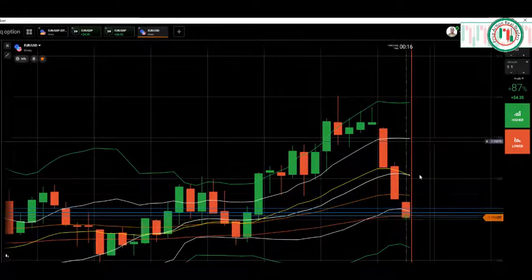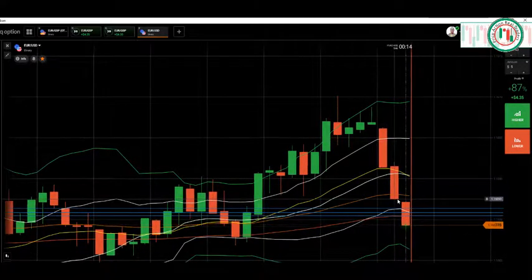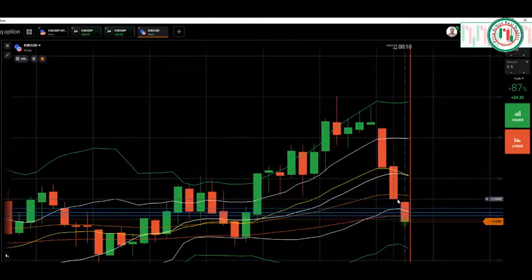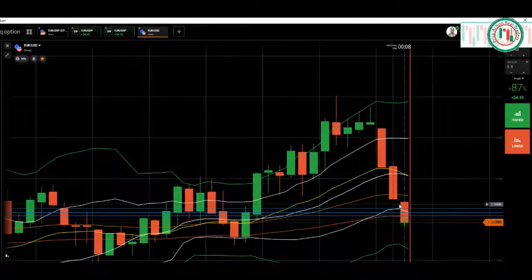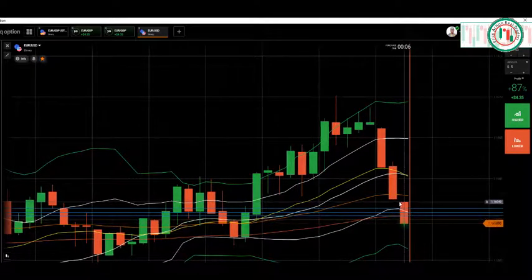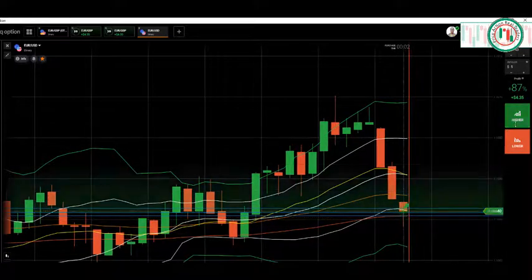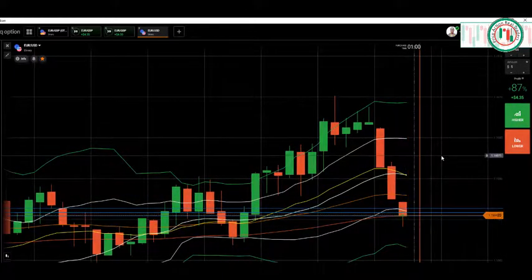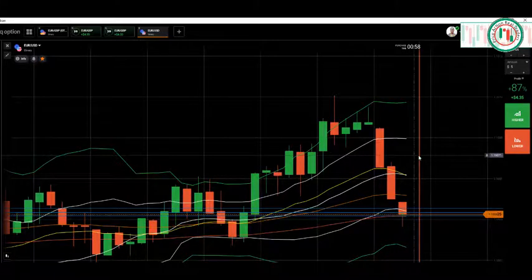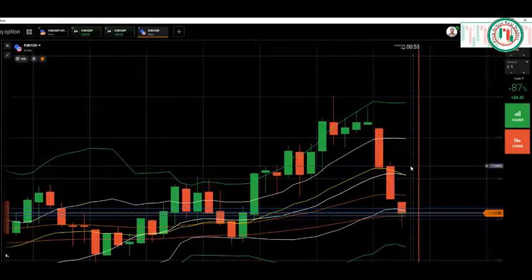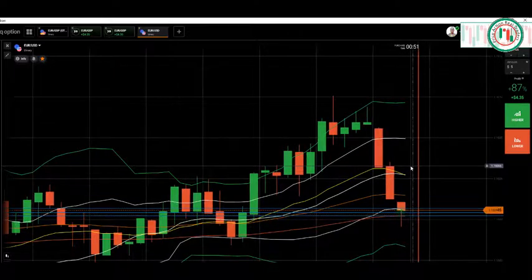So let's wait. The market gaps down, so because of this gap down, we have to wait. Otherwise we can place a call option, but this gap down is not very clear, so we'll wait.